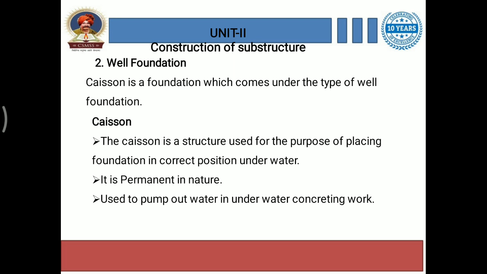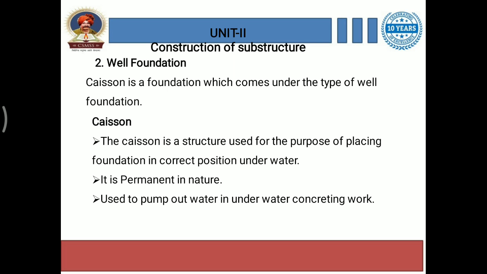Now the second type of deep foundation, that is well foundation. We have studied the first type, that is pile foundation, in detail, various types of pile foundation and so on in the previous videos.